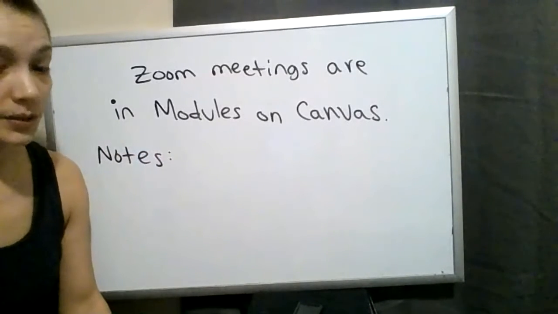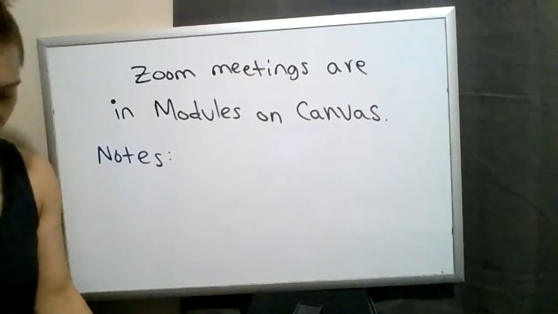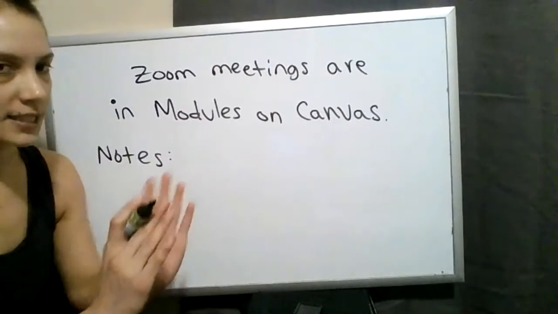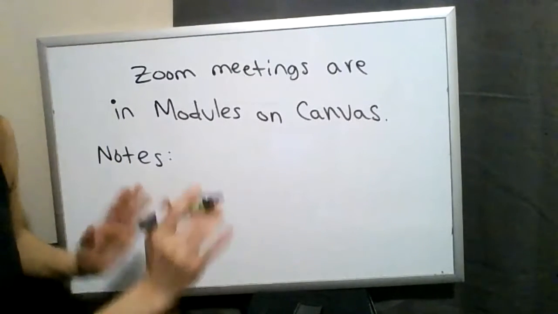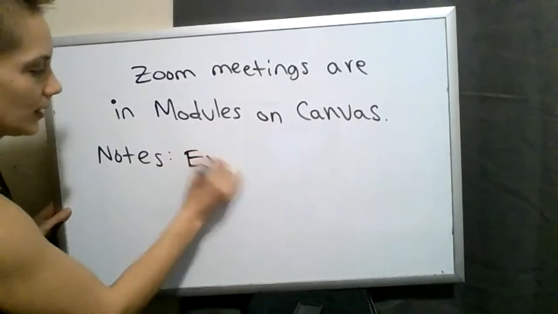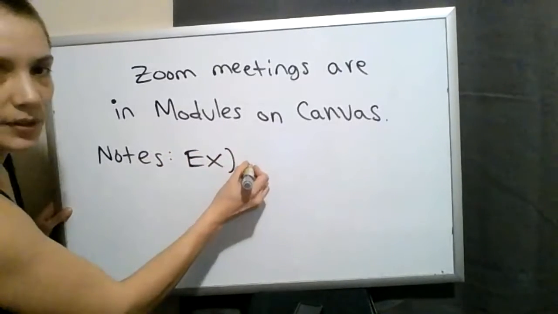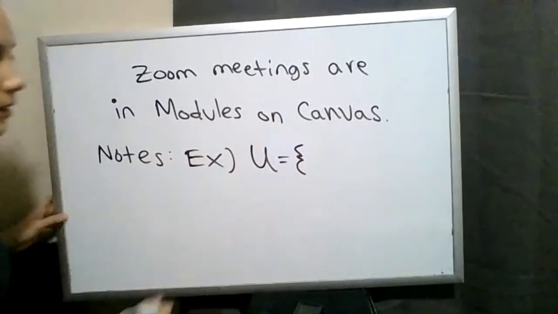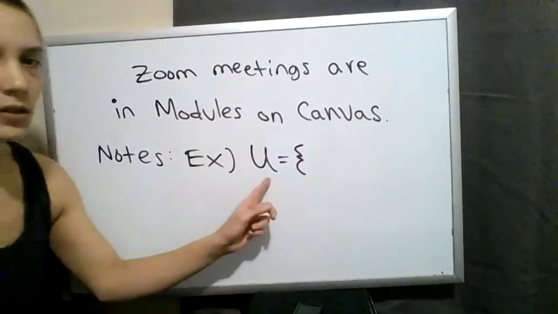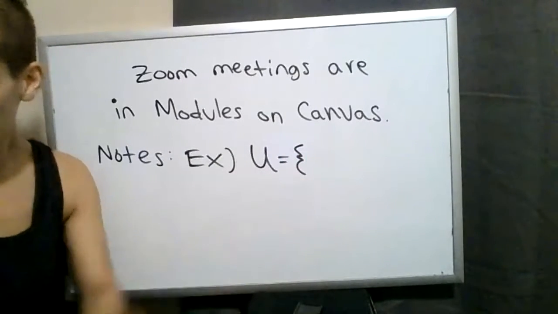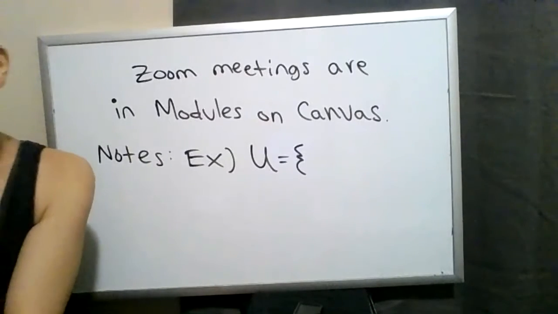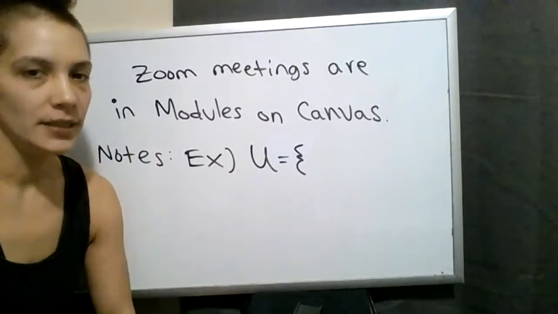Okay, I want to do a few more notes on problems like we had last time. So the universal set is the entire space, the entire universe, and we call it capital U. In this example, U will be the set that contains 1 through 7.